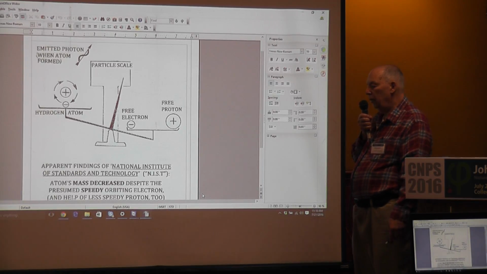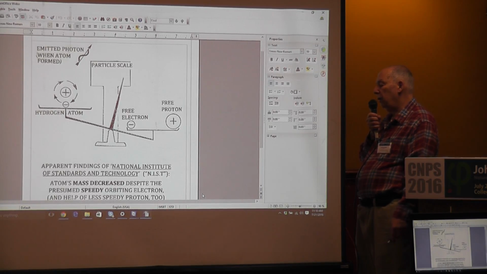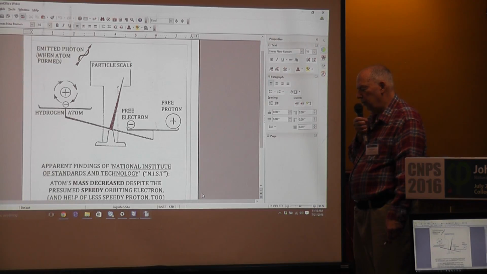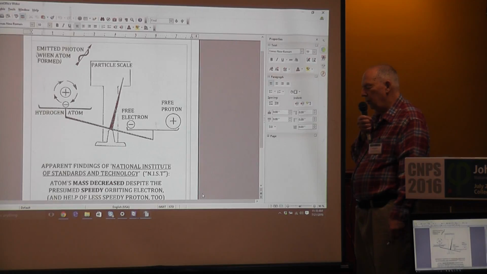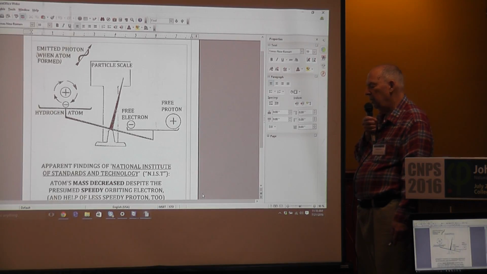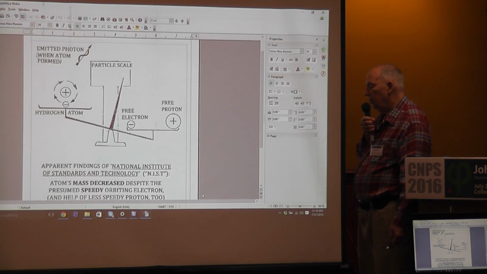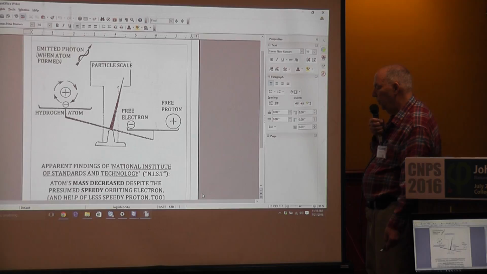I'd seen a movie in which a very knowledgeable Stanford linear accelerator person said the first thing we want to do with new people is to explain that velocity does not always lead to mass increase. And so I learned that the hard way.